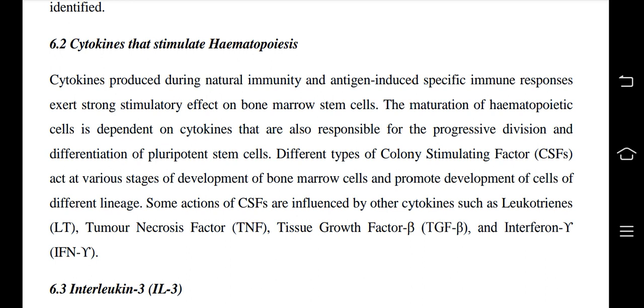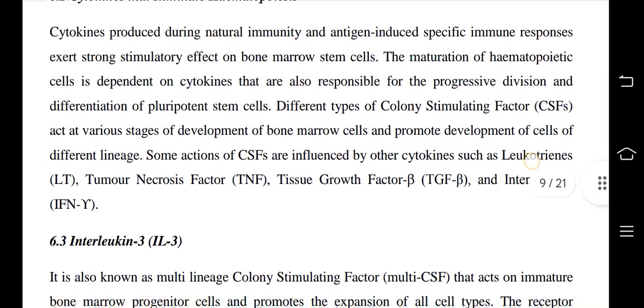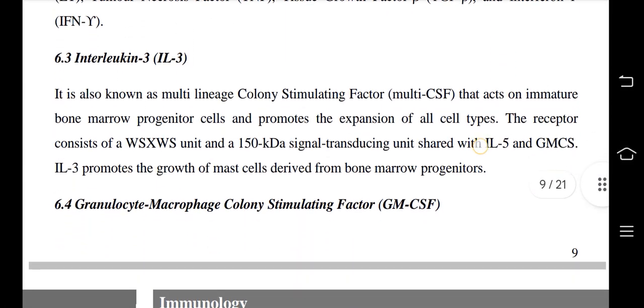Different types of colony-stimulating factor, CSF, act at various stages of development of bone marrow cells and promote development of cells of different lineages. Some actions of CSFs are influenced by other cytokines such as leukotrienes, LT, tumor necrosis factor, TNF, transforming growth factor beta, TGF beta, and interferon gamma.